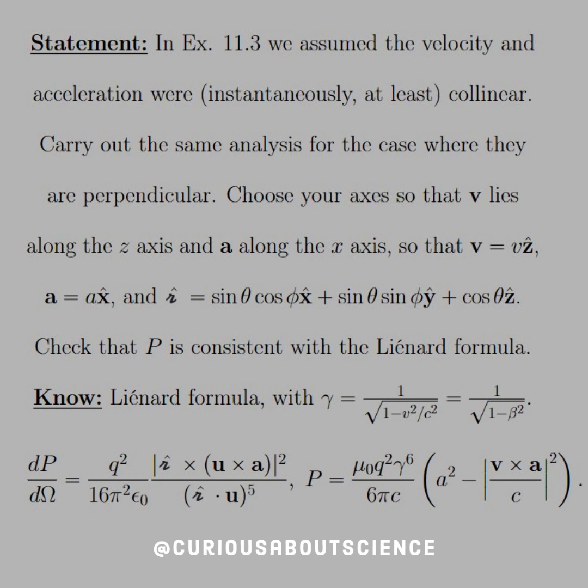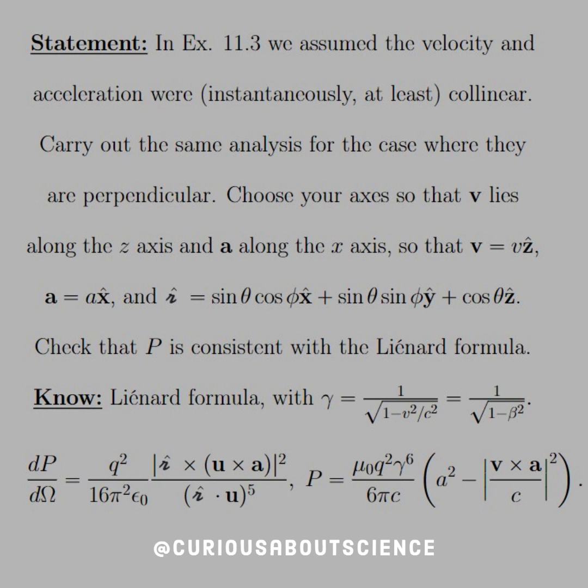Yeah, that was chapter 10. And so the power, once integrated across and all the other fun stuff, is equal to a bunch of constants with the gamma to the 6th power, A squared minus the cross product of V and A over c squared.